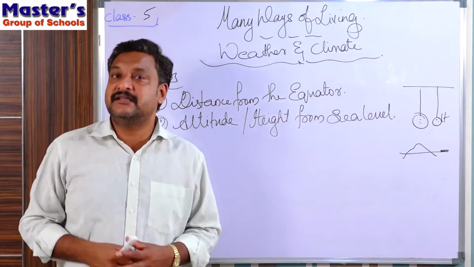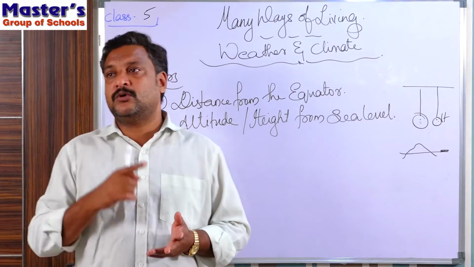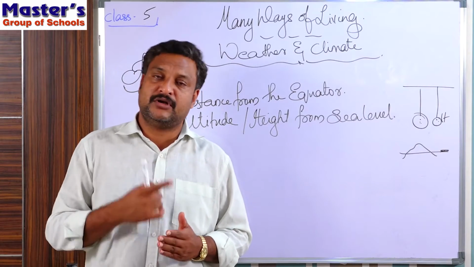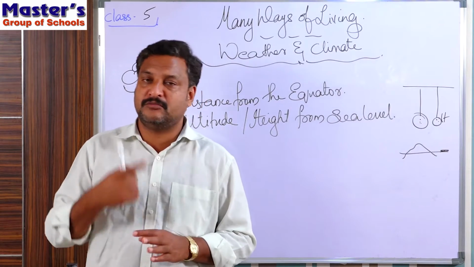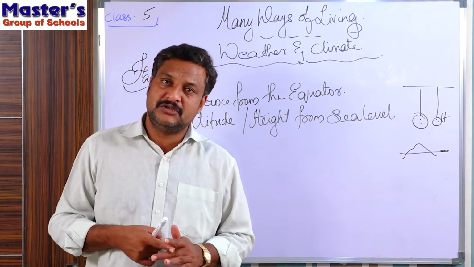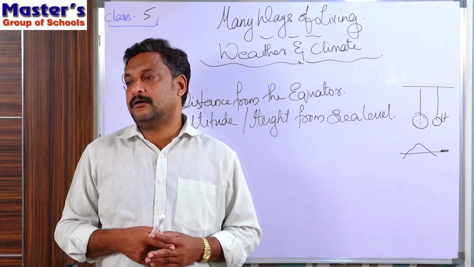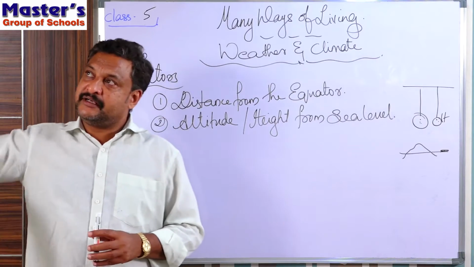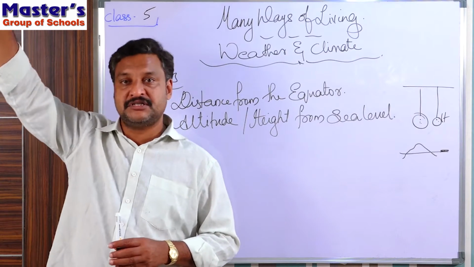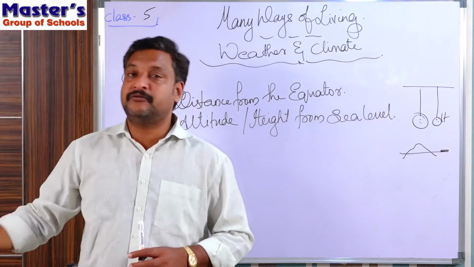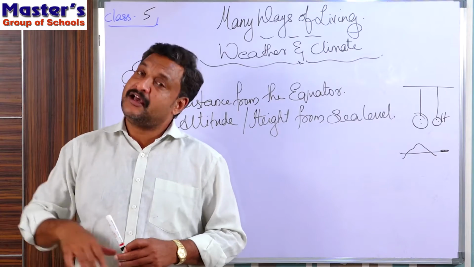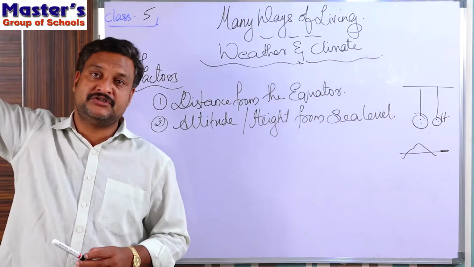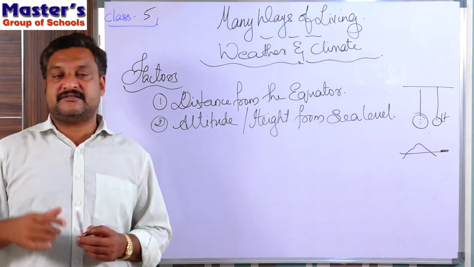So all these hill stations, Ooty, Kodaikanal, Shimla, Nainital, Darjeeling, Mussoorie, Dehradun, Kulu Manali, are located at a height much above the average sea level, and as we go high in altitude, the temperature decreases.